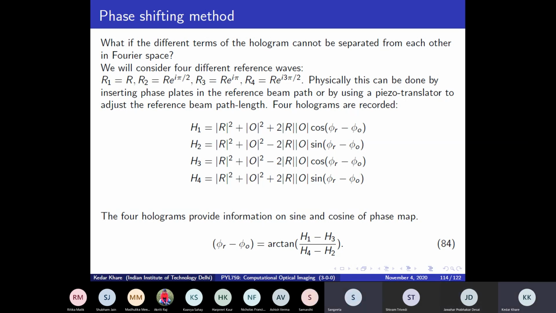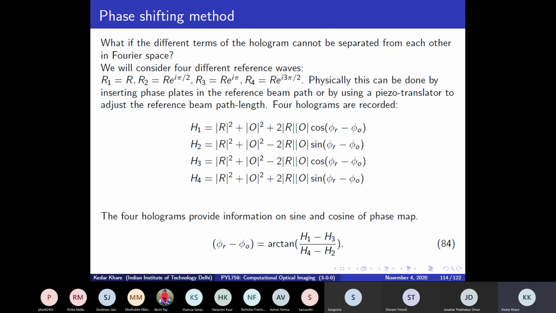Yes, sir. Yeah. So the only thing I have not written here is that when you record four different interference patterns, each pattern, when you record on the camera, will also have some noise of its own. And those four noise patterns at the readout time will be independent, meaning these are four different frames. And so each H1, H2, H3, H4 has also, in addition to this basic interference equation, some noise on top of this in the data that you record.